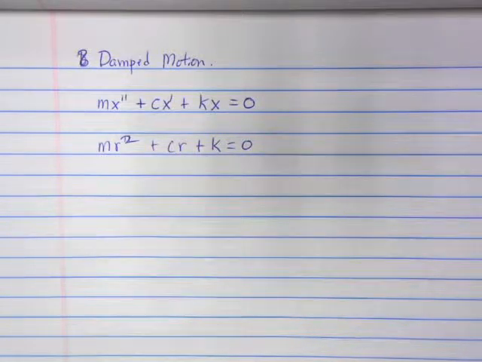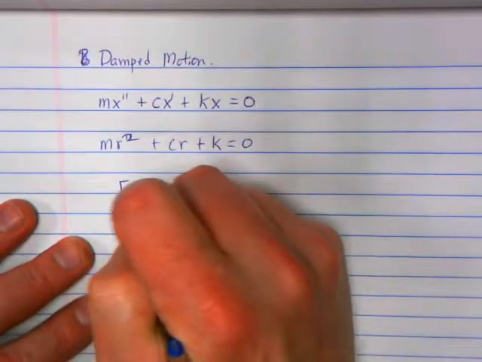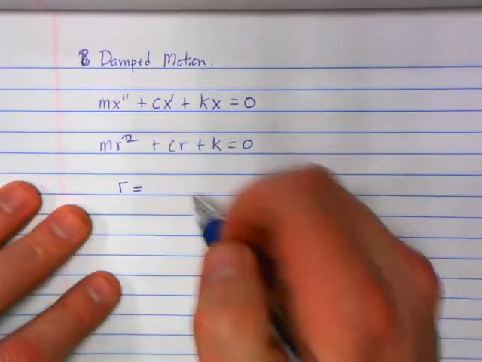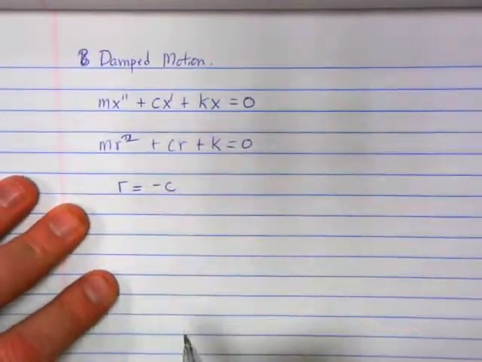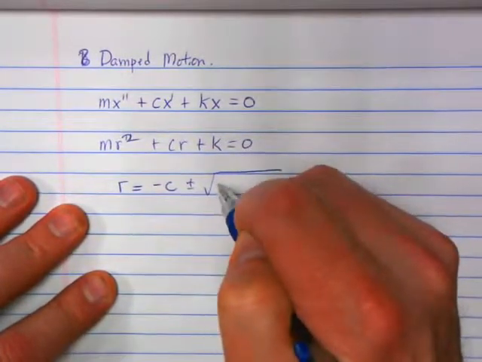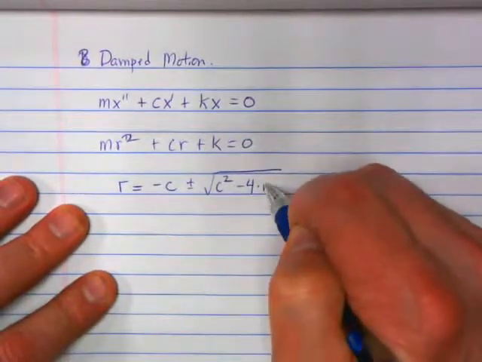Calculator? Or algebra? The answer I'm looking for is use the quadratic formula. I don't have numbers, I have letters here. r equals negative b plus or minus the square root of b squared minus 4ac, divided by 2a.